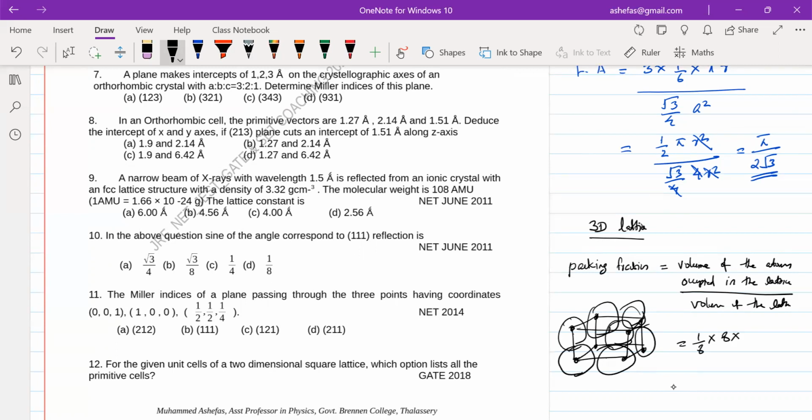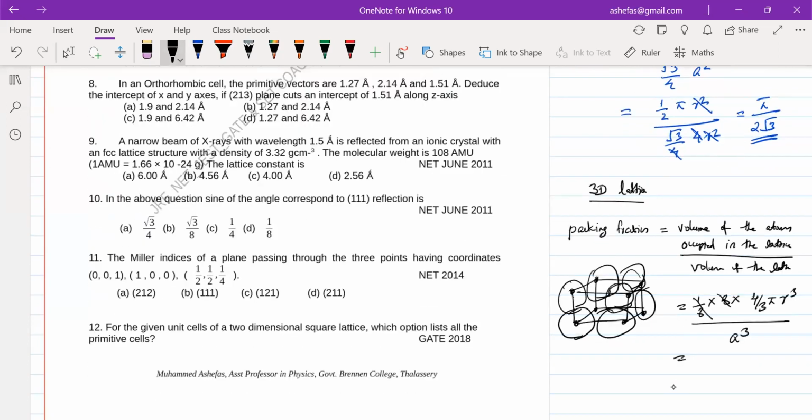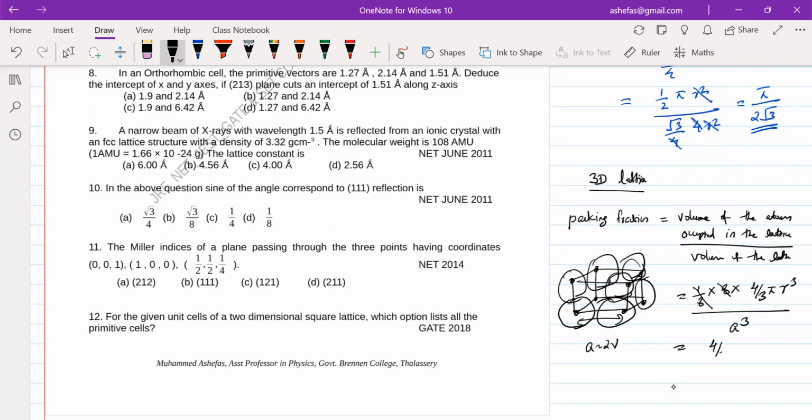So 1 by 8 into 8 times the volume of one atom, which is 4 by 3 pi r cube, divided by the volume of the lattice, which is a cube. So 1 by 8 and 8 cancel. We have 4 by 3 pi r cube divided by a cube, and here a is equal to 2r. So it becomes 4 by 3 pi r cube divided by 8 r cube. R cube cancels, so we have 4 by 8, which is 1 by 2, and it becomes pi by 6.